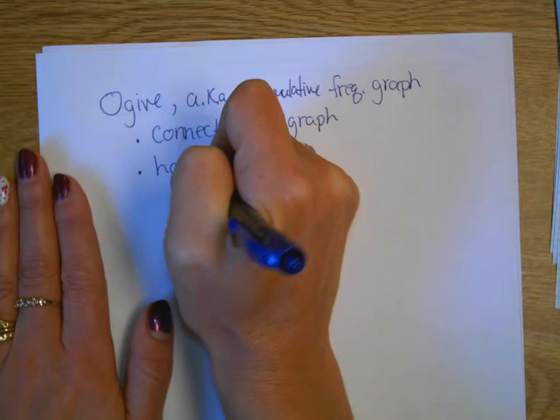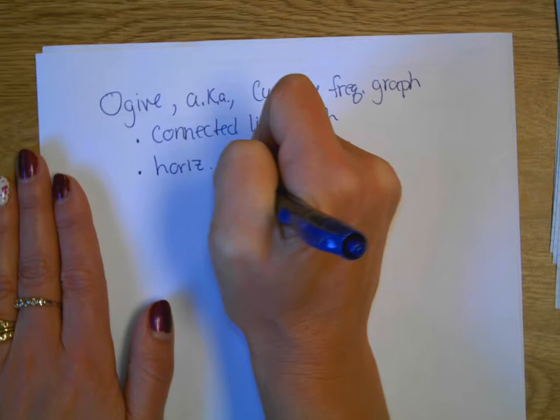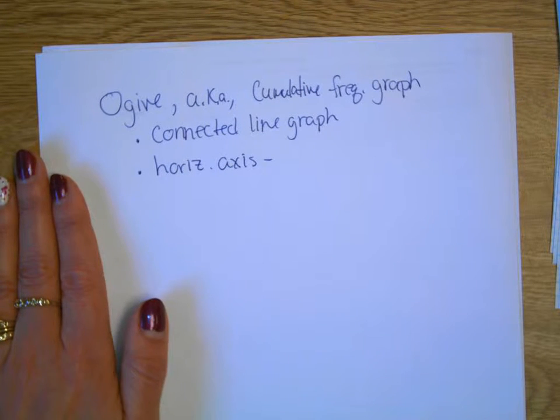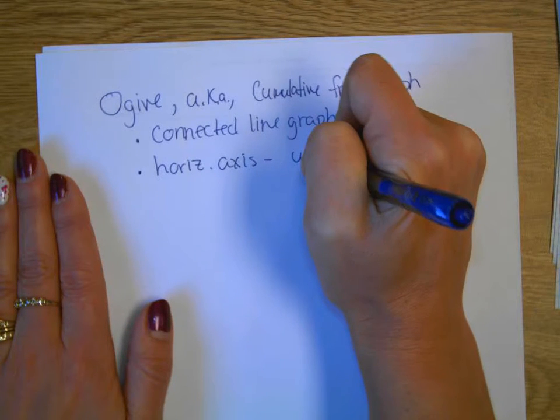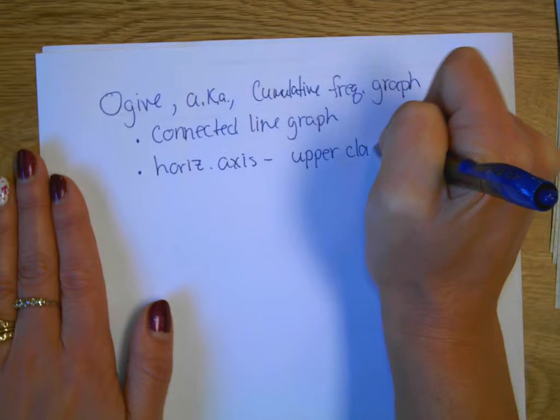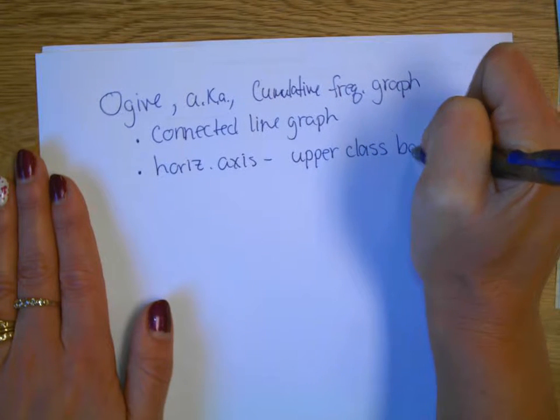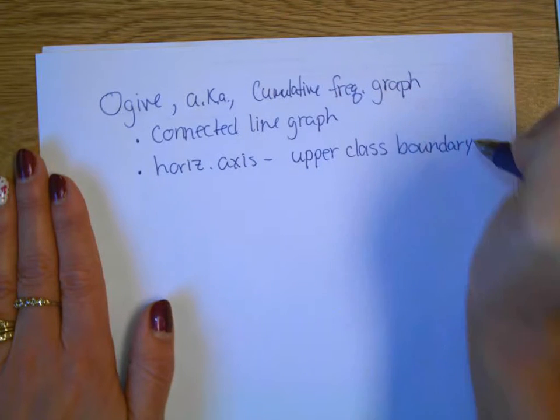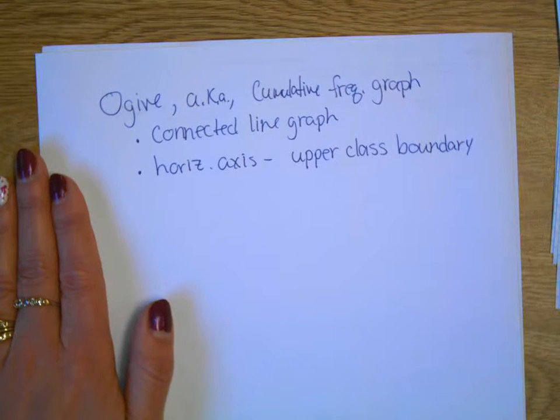On the horizontal axis, you need to have the upper class boundary. Upper class boundary.